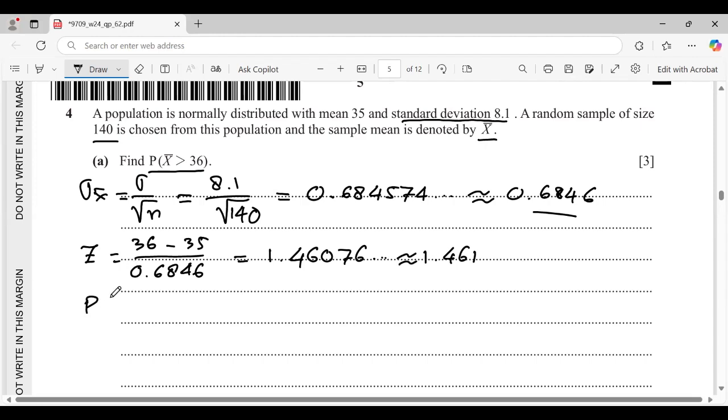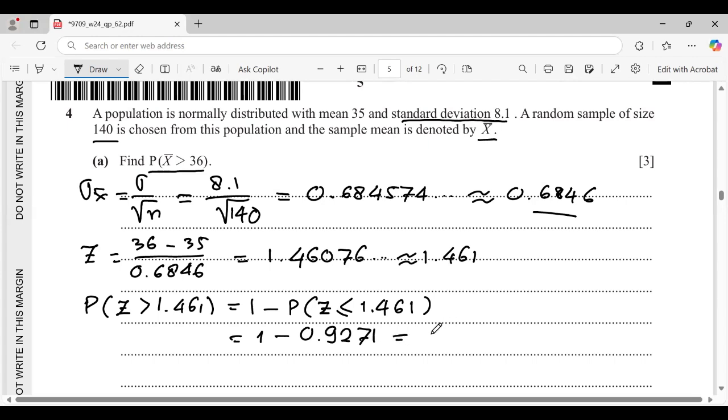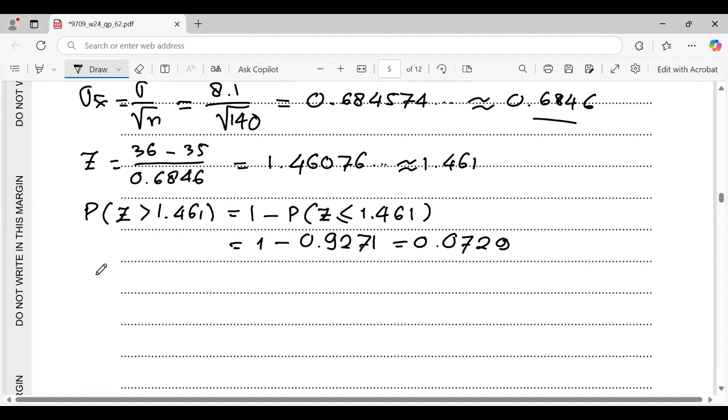Now we find the probability Z greater than 1.461, which equals 1 minus the probability Z less than or equal to 1.461. So it is 1 minus 0.9271, and the result is 0.0729. So the probability that the mean is greater than 36 is 0.0729.